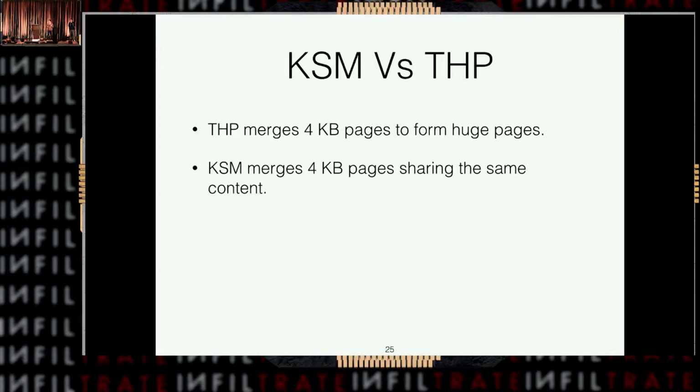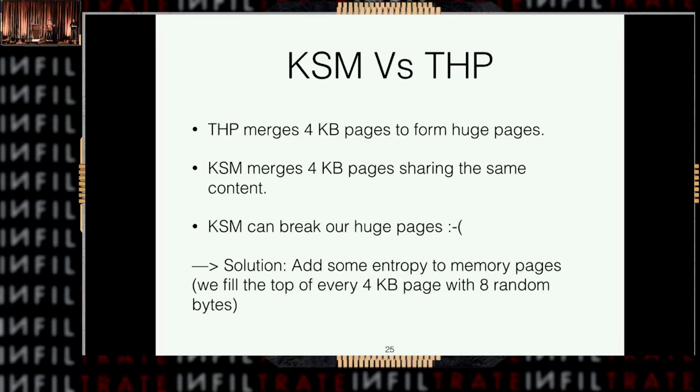The issue is that KSM could break the huge pages that we allocated in the first stage of the attack. The solution is quite simple: we just have to add some entropy to memory pages. For example, in our test, we fill the top of every 4 kilobyte page with 8 random bytes. This way KSM won't work on the huge page you allocated, and you can try to rehammer it.